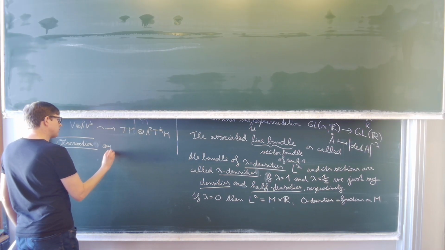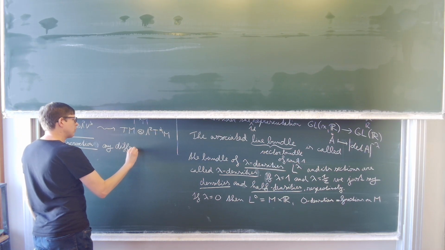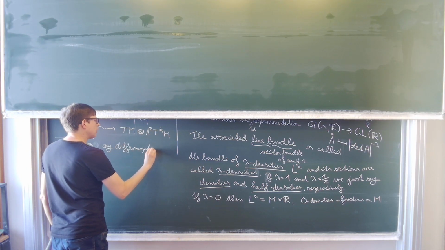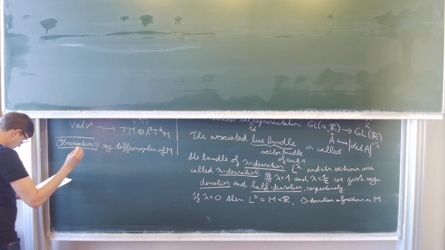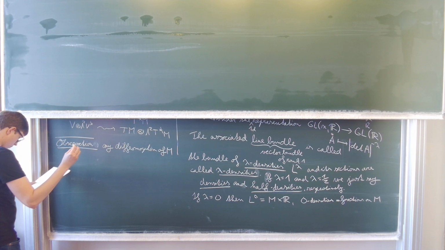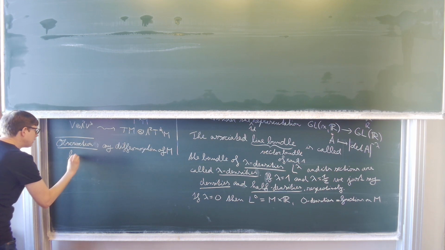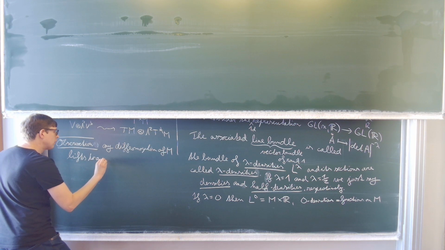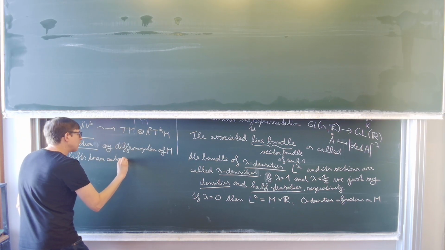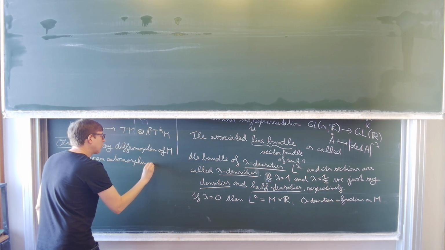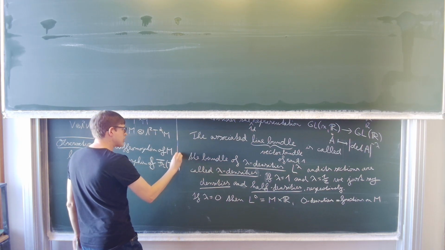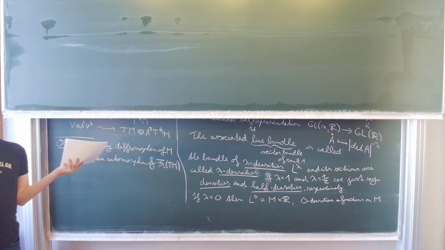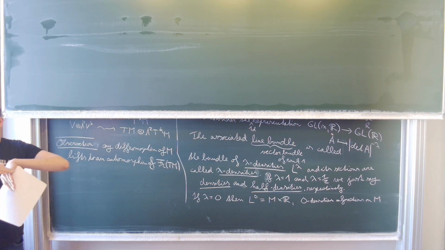If you have any diffeomorphism of M, it leads to an automorphism of the frame bundle of M. This is just to say that if I have a diffeomorphism from M to M, then I have an identification between tangent spaces.